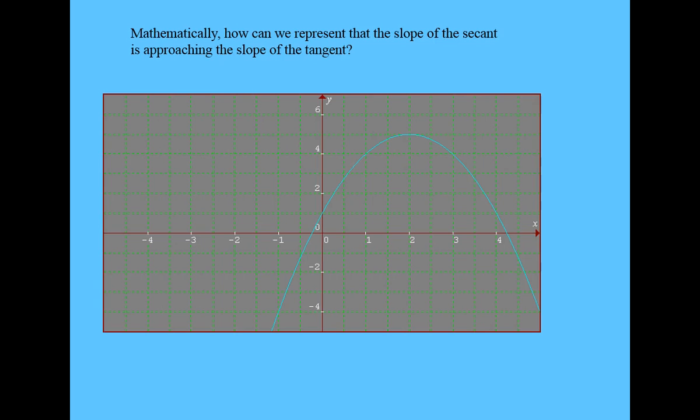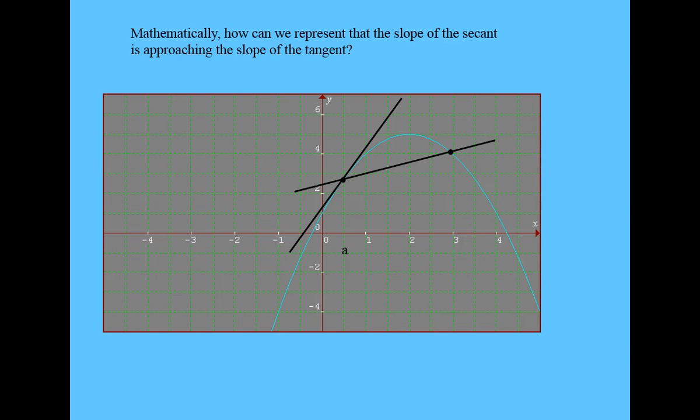Mathematically, how can we represent the slope of the secant approaching the slope of the tangent? We went through this process early on in this section. Let's revisit that process. We looked at creating a secant line through x equals a and x.